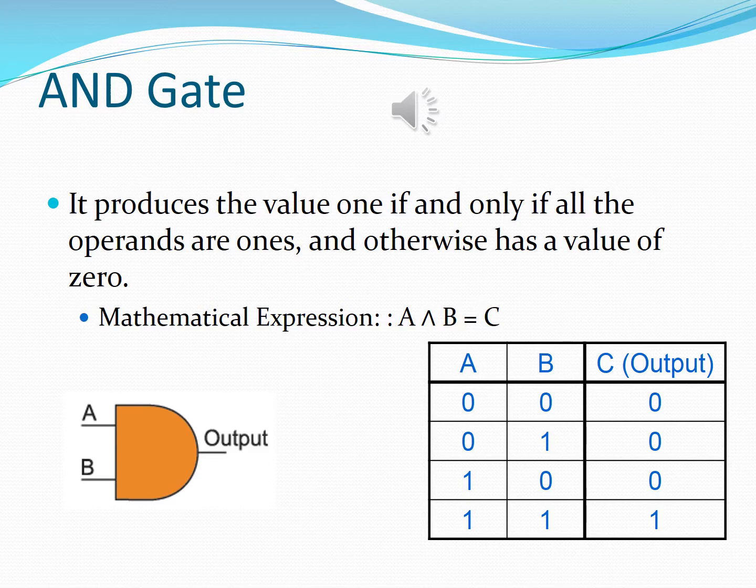The mathematical expression of this is shown below. Also, we have a truth table for the AND gate, and you can see here when we AND 0 and 0 we produce a 0. When we AND 0 and 1 we get a 0. When we AND 1 and 0 we get a 0. But when we AND 1 and 1 we produce a 1.